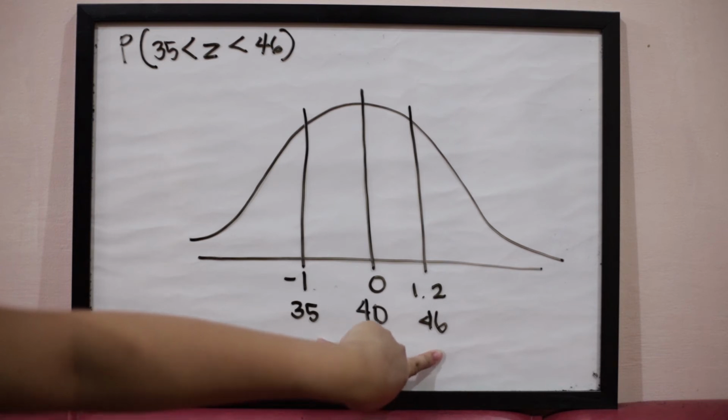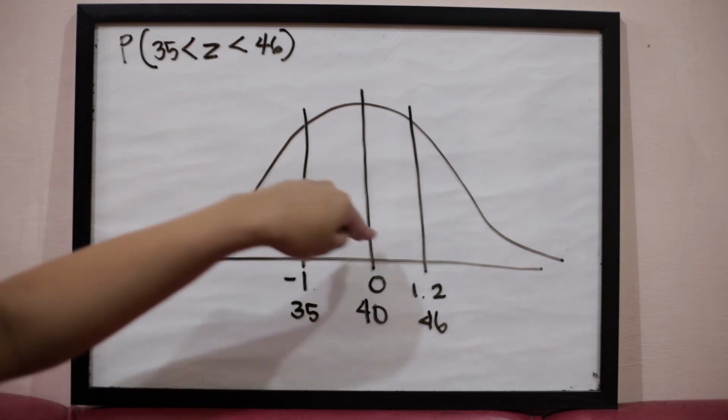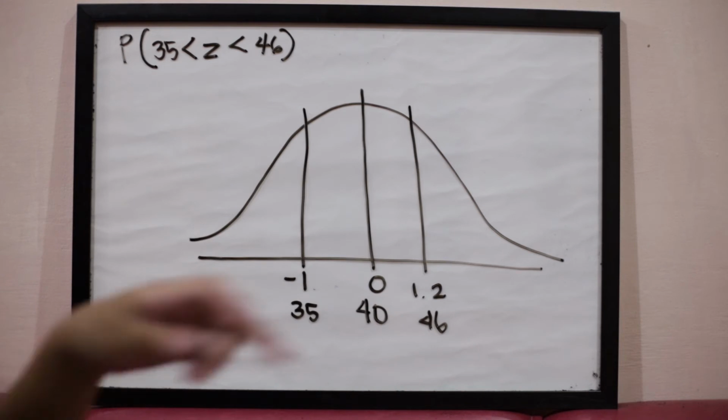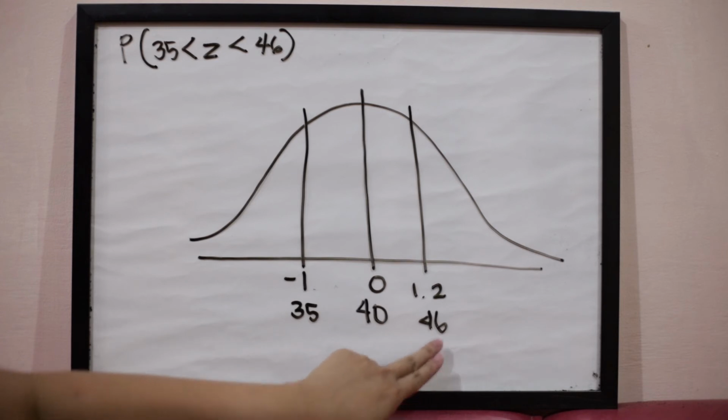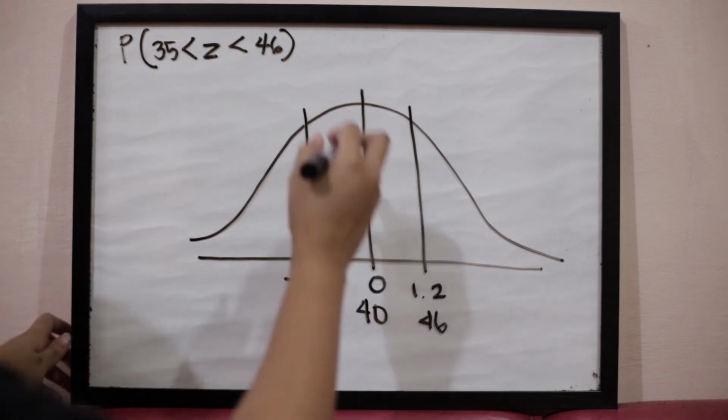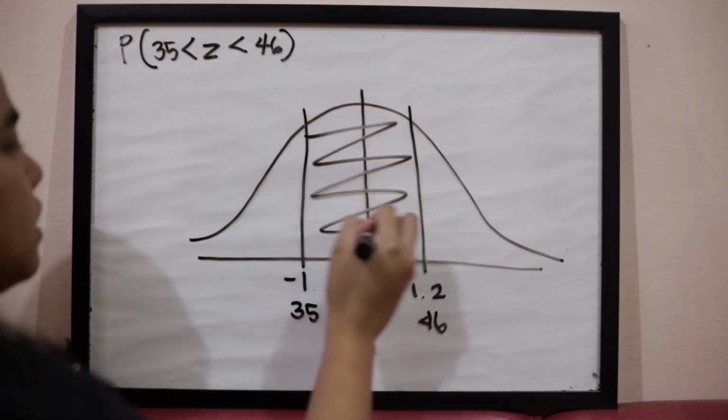Right? Meaning to say, the numbers in between 35 and 46 are greater than 35 but less than 46. So, this is our shaded region.